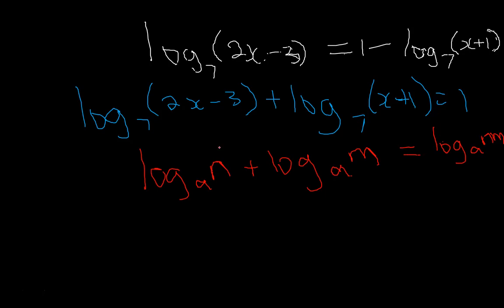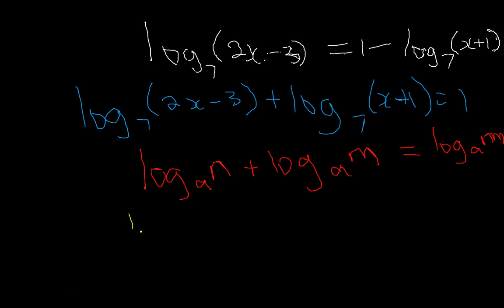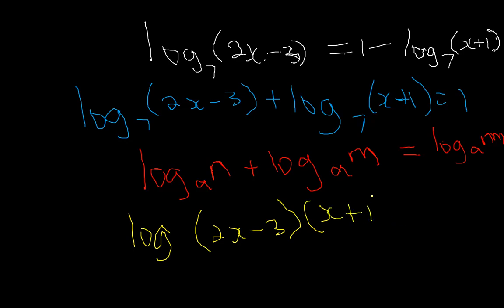So what does that mean? According to my law, log of 2x minus 3 to the base 7 plus log of x plus 1 to the base 7 gives me log of 2x minus 3 times x plus 1 to the base 7, and this is equal to 1.